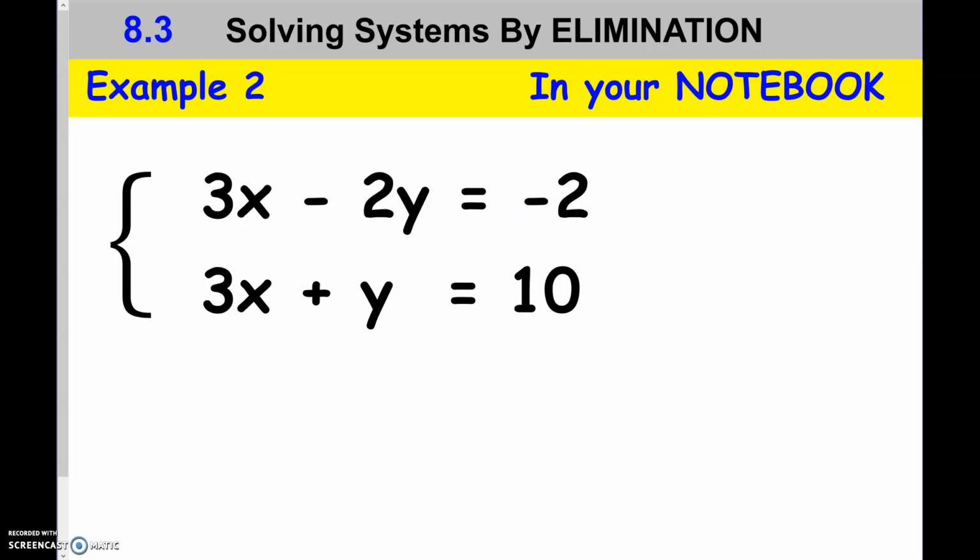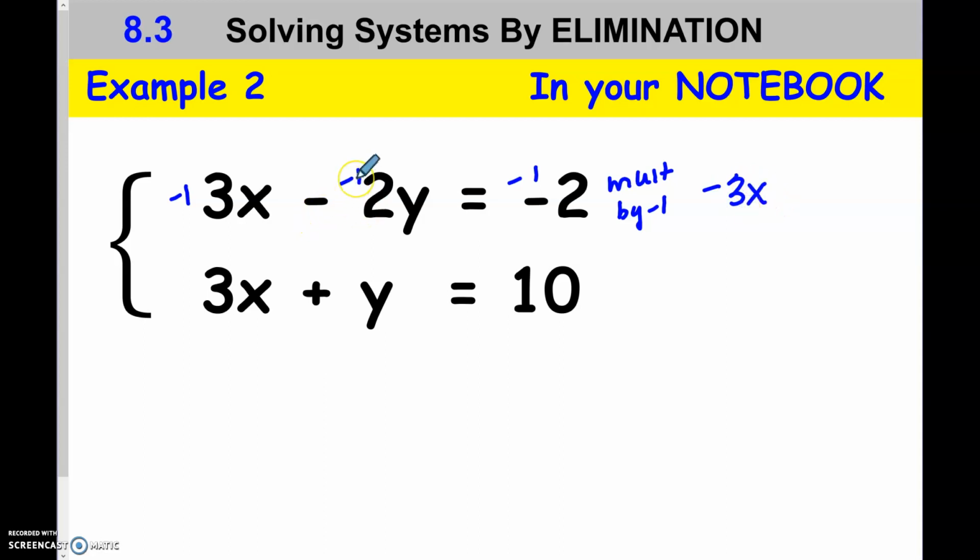So what we can do is keep this first one exactly the same, or I can change it. What I can do is multiply everything in this first equation by negative 1. So if I multiply this by negative 1, negative 1 times 3 is going to be minus 3x.